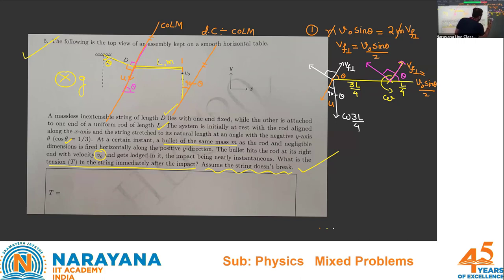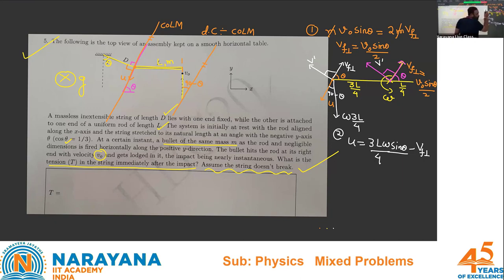So I'm trying to write my second equation. Let's call this term some v prime. Already you have said that, so the u that I'm writing here is actually 3L omega by 4 sine theta minus Vf perpendicular. That is my u. Vf perpendicular is known, and I have one more relation there.